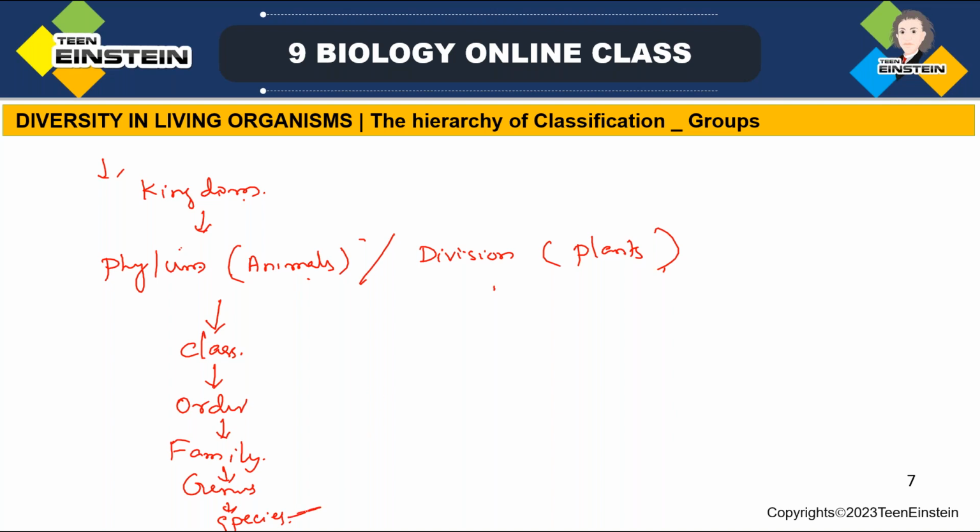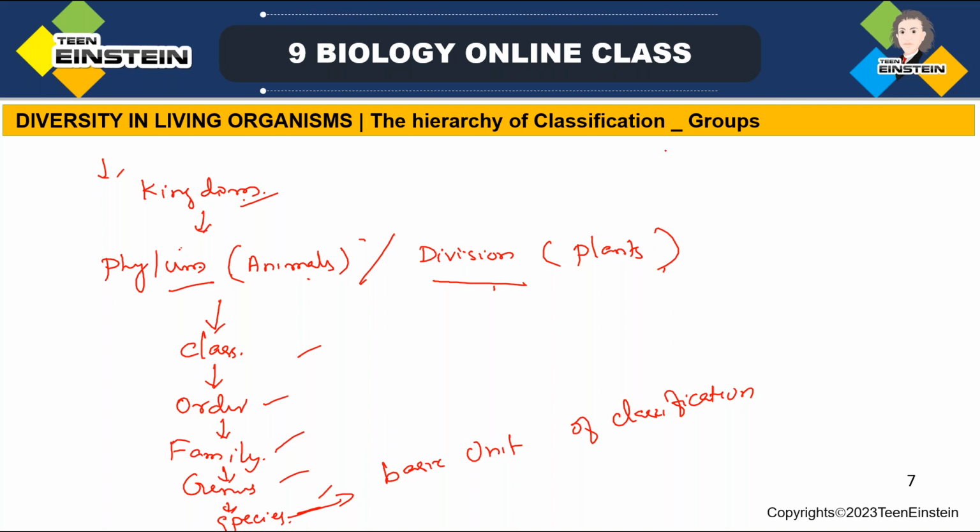The basic unit of classification is the species. So first kingdom, then phylum in the case of animals, and division in the case of plants, then class, order, family, genus, species. Like that, we can make a classification of organisms.